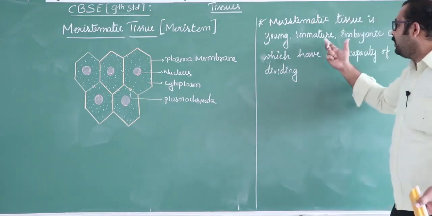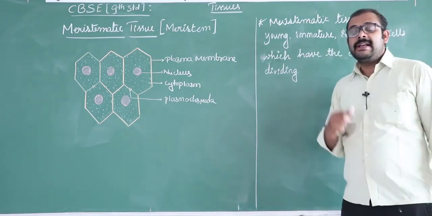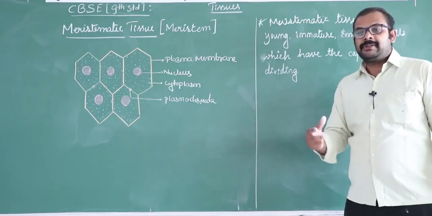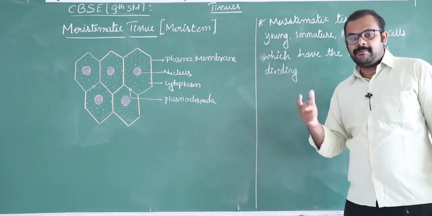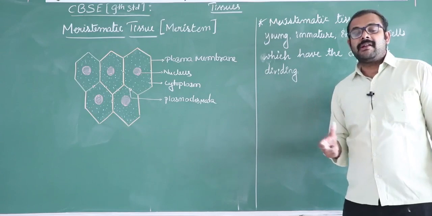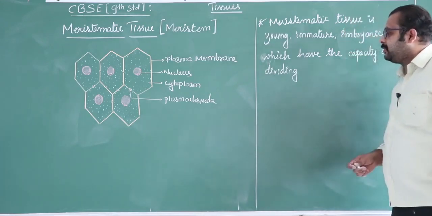Like that, they are young immature embryonic cells which have the capacity of dividing, means they undergo repeated division, produce new cells, and again undergo repeated dividing, so that they produce a large number of cells. That is the nature of meristematic tissue.